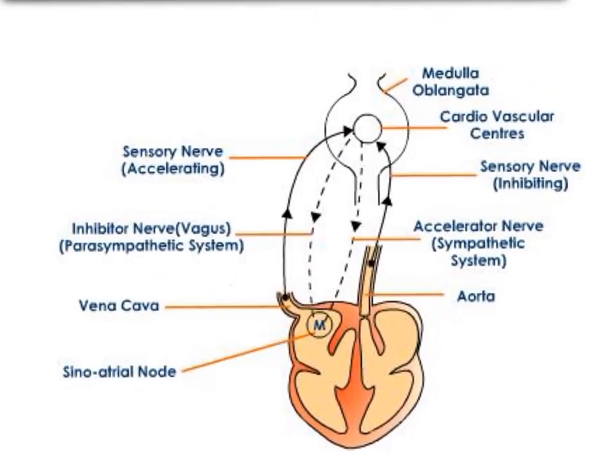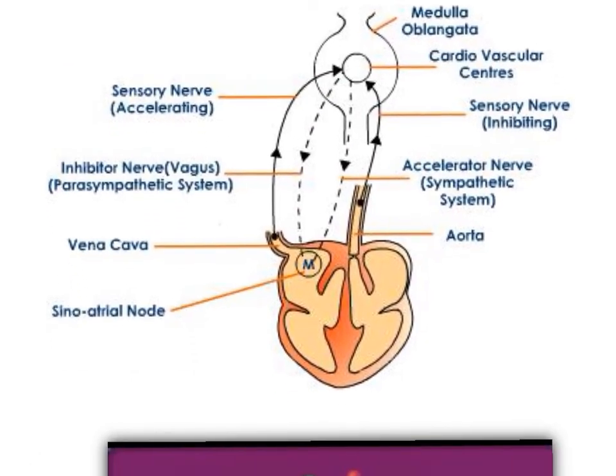So in summary there, what we're saying is that if there is too much blood returning to the heart in the vena cava, too much blood return, what happens is a signal is sent from a baroreceptor in the vena cava, which sends a signal back to the medulla oblongata, which then activates the sympathetic nervous system.